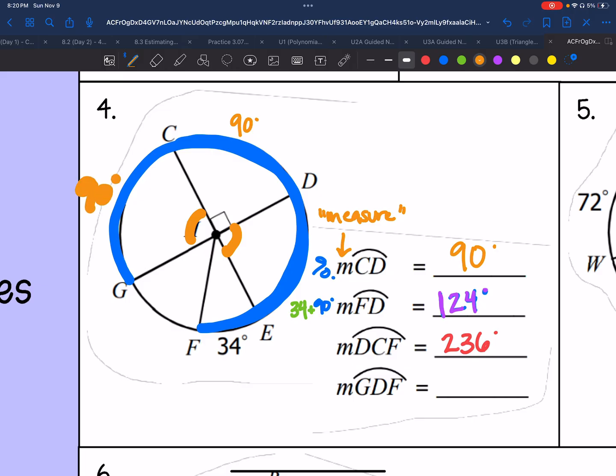So we really could just add up all those arc measures. So we can add up 90 degrees plus 90 degrees plus our 90 degrees plus our 34 degrees. That's one way of doing it. There are, like I said, multiple ways to do it. And we would get 304 degrees.